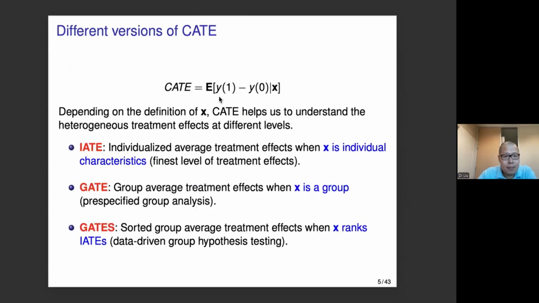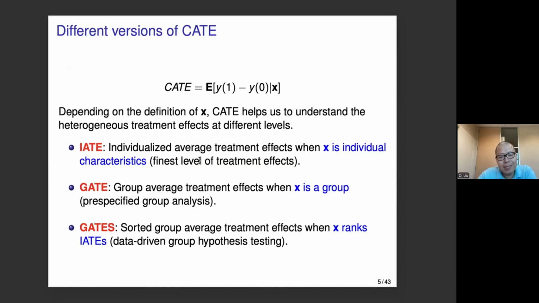There are different versions of the CATE, conditional on X. Depending on the definition of X, CATE helps us understand the heterogeneous treatment effects at different levels. First of all, at the finest level, if X refers to individual characteristics, then CATE has another name, individualized average treatment effects.